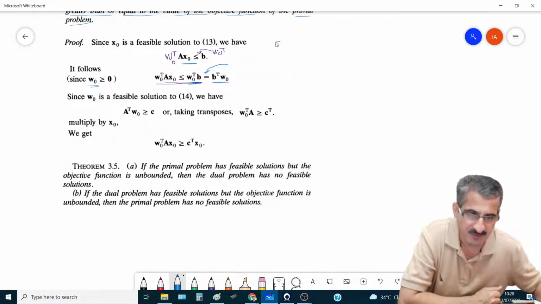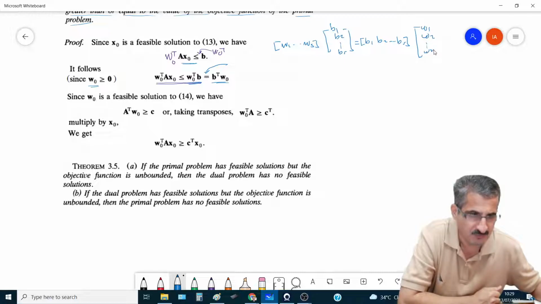Like we can write it like W_1 all the way to W_s times B_1, B_2 to B_s. It is the same if we write it this way, B_1, B_2 all the way to B_s times W_1, W_2 all the way to W_s.